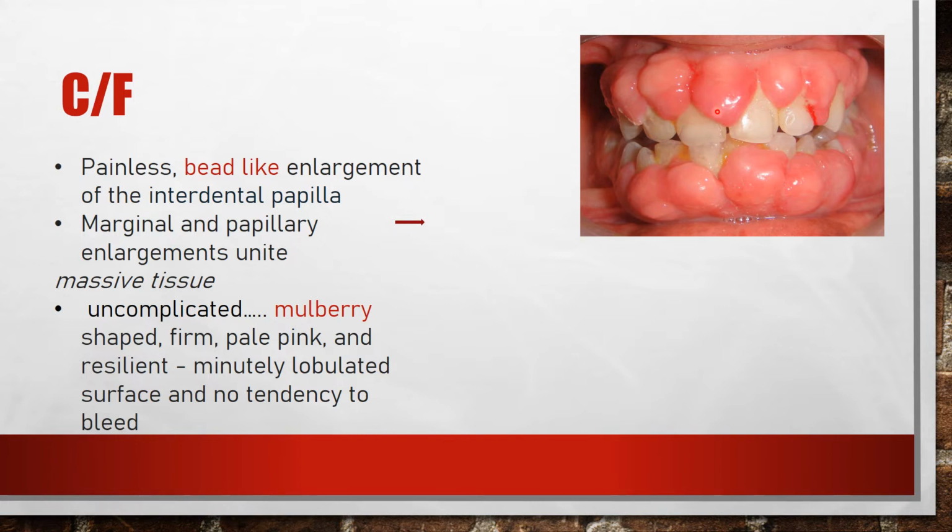If uncomplicated, it is mulberry shaped, firm, pale pink and resilient, with a minutely lobulated surface and no tendency to bleed. You can see the bead-like enlargement in this clinical picture; when both the marginal and papillary enlargements unite, it leads to a mulberry shape. Otherwise, it will be a bead-like papillary enlargement.